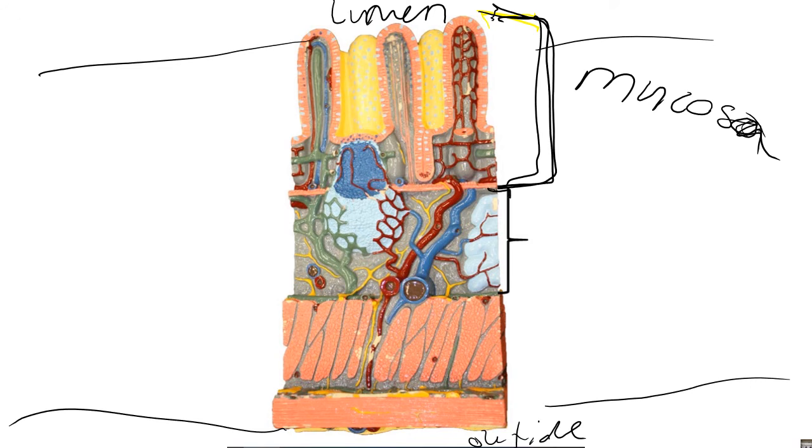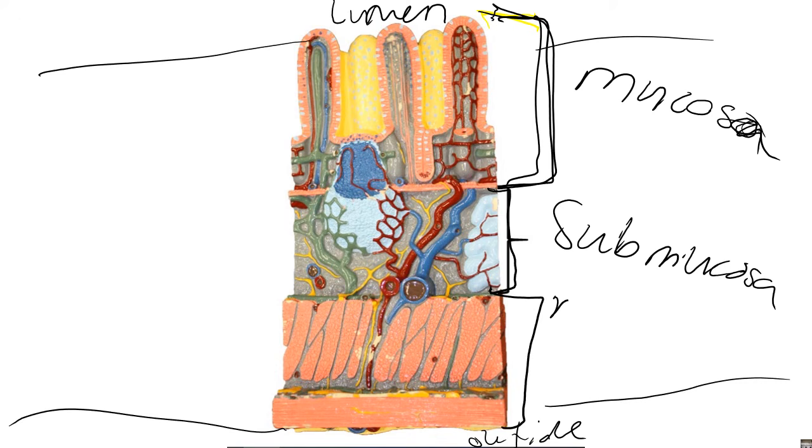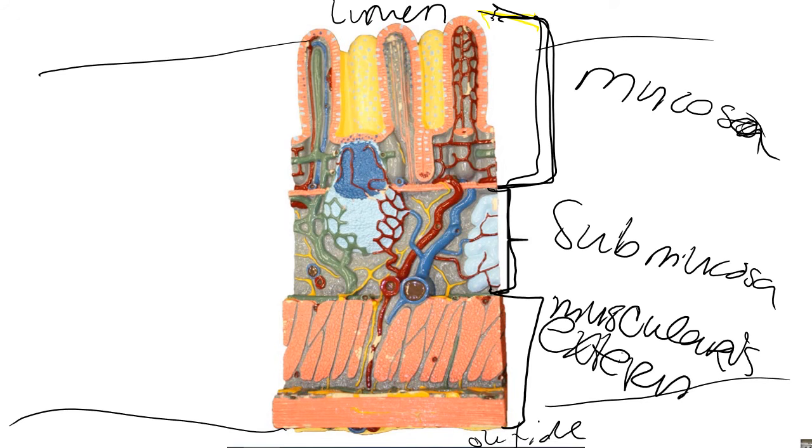Deep to that, submucosa, because it's underneath the mucosa. Deep to that, you can call it the muscularis externa.